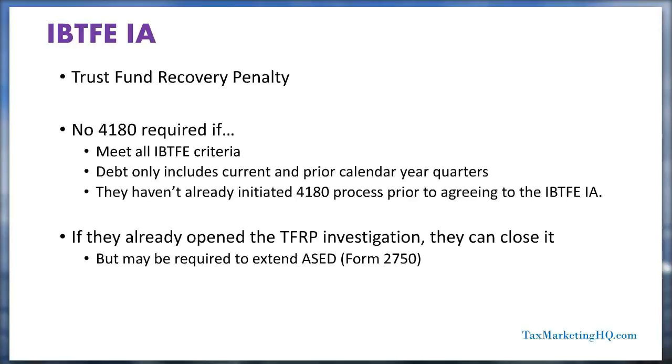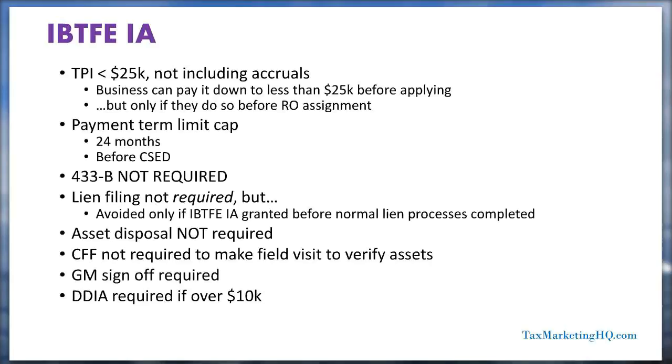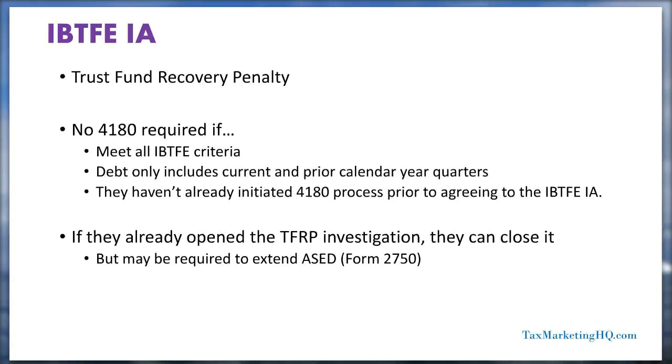However, and this can be done both in ACS or in a collection field function with an RO, they have to meet all of the IBTFE requirements that we mentioned on the prior slide. So it's got to meet the 24 months to full pay the liability, less than $25,000, et cetera. It's got to meet all these requirements.